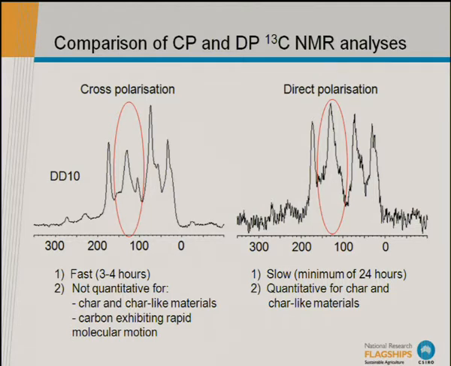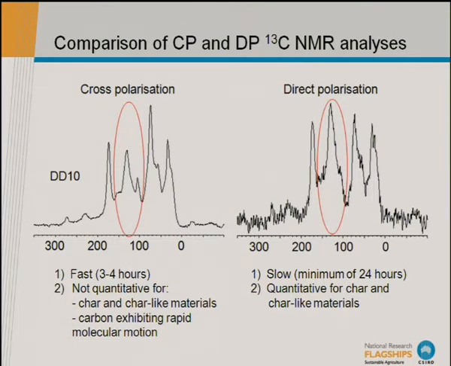They're just condensed carbon rings. And so it's basically underrepresented in the cross-polarization spectra. And so if we run it in the direct polarization mode, that peak should be relatively enhanced. So this is the same example run in CP mode versus DP mode. And we see that large enhancement, and we could use that enhancement in the signal at that 130 ppm shift to tell us how much charcoal is present.